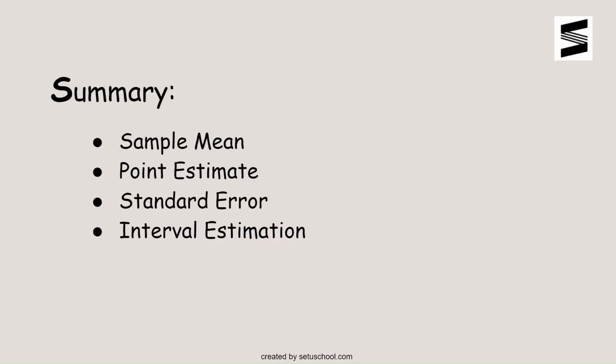In summary, to quantify the effectiveness of the drug, first we took a sample and calculated the sample mean, and then based on our observation on different sample means, we concluded that there are obvious errors between these sample means and the population mean, and to minimize the error we took average of all the sample means, which is called the point estimate.